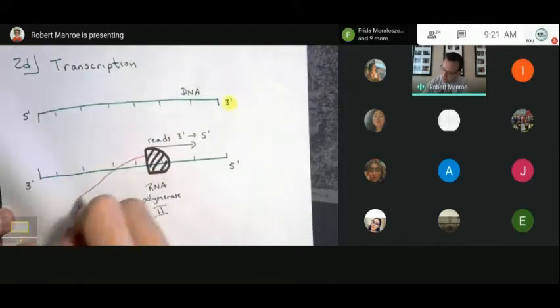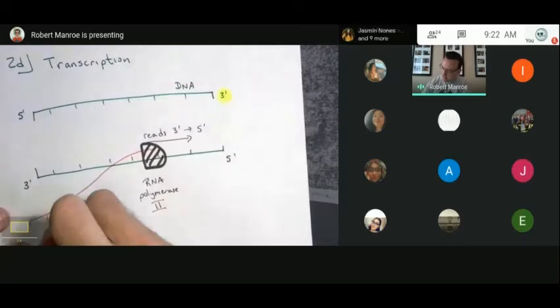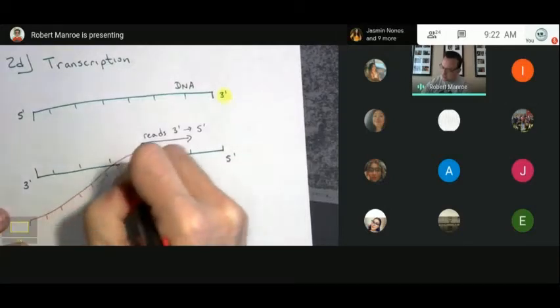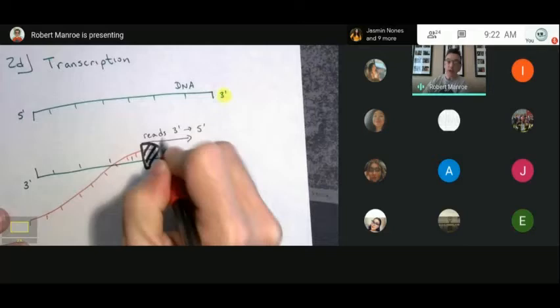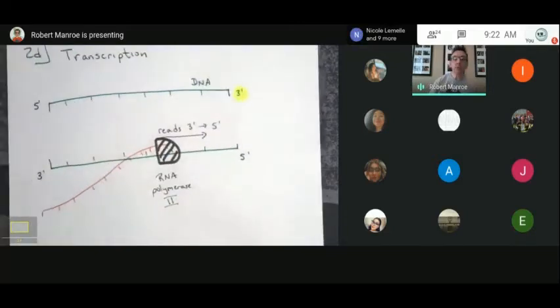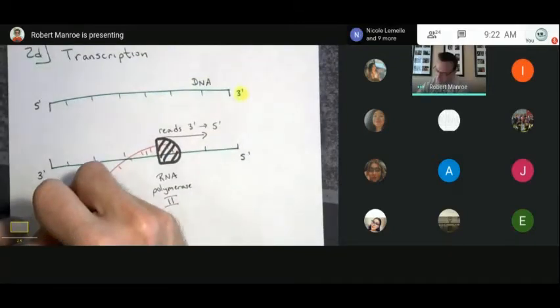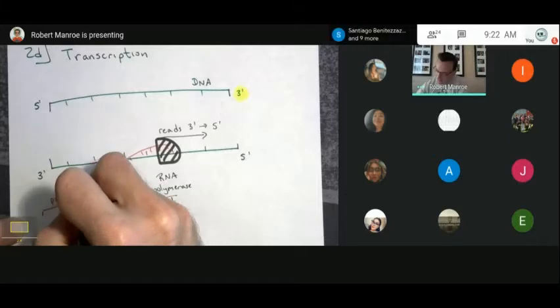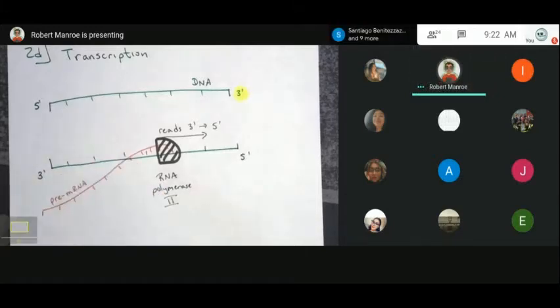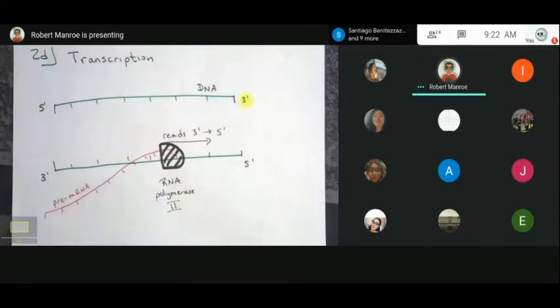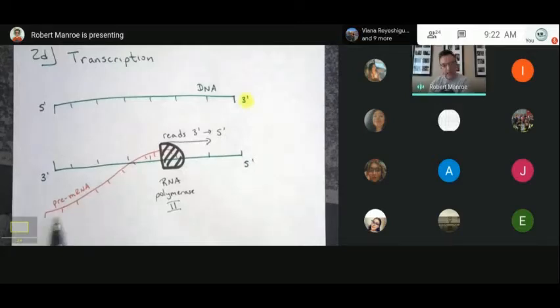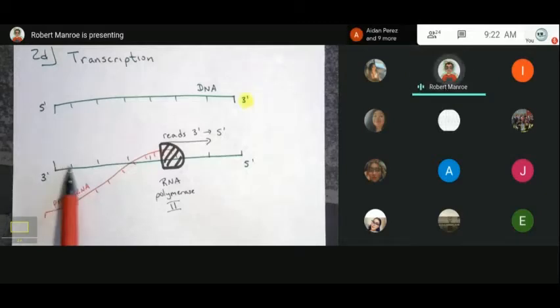So here is your RNA, your messenger RNA strand, your immature or pre-messenger RNA, because you now know that this RNA is edited. Okay? Now, these bases here are complementary to these bases here. Does that make sense? That this is complementary to that?